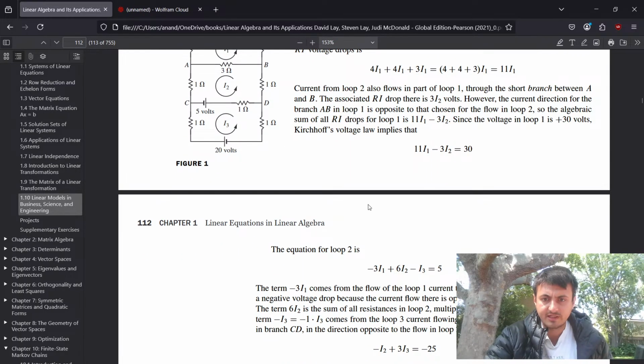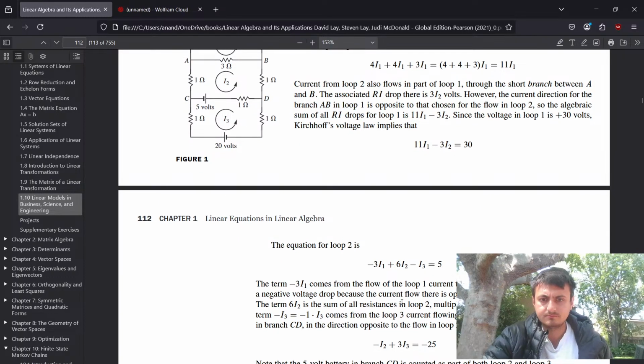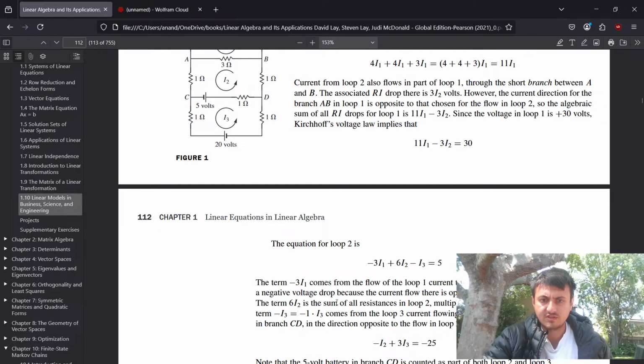So the negative 3I1 comes from the loop 1. The 6I2 is the sum of the resistance in loop 2 multiplied by the loop current. The minus I3 comes from loop 3 flowing through the 1 ohm resistor in branch CD.